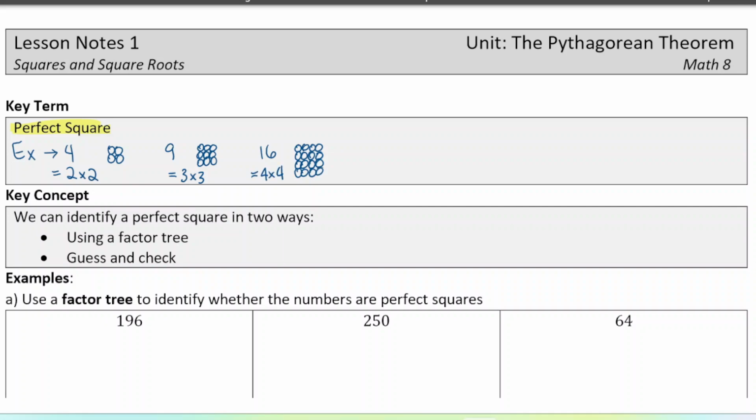So you might notice a little pattern here. Perfect square numbers can be written as multiplication or product of 2 identical numbers. So 25 would be another perfect square because it's 5 times 5.